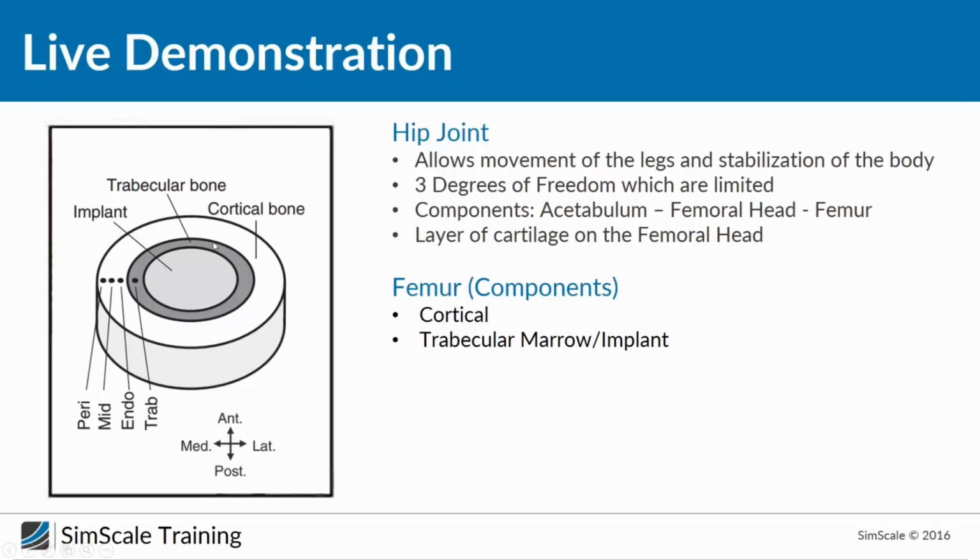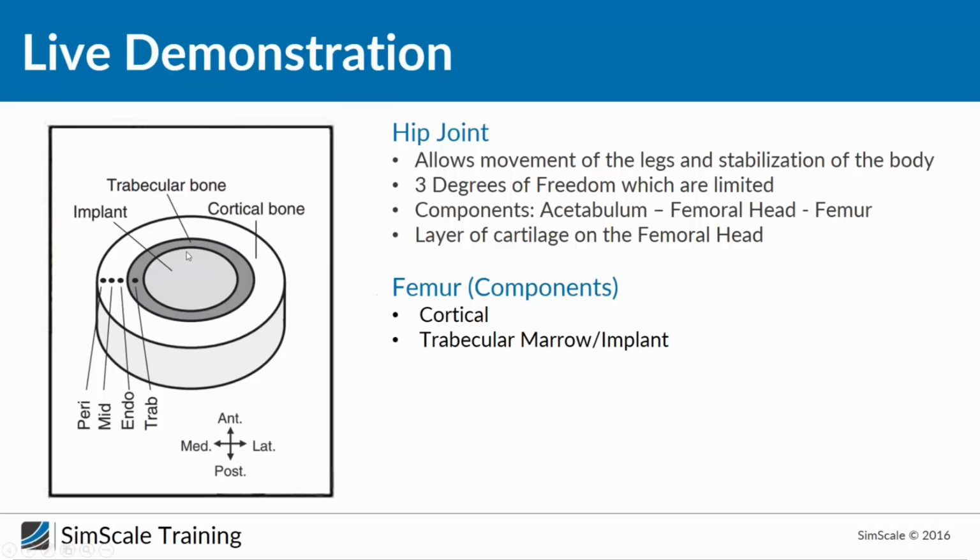And inside of this cortical bone you have the trabecular bone, and the trabecular bone will become very important later. And it's made of a dedicated structure here. And inside we have the bone marrow, or when we have a hip joint prosthesis, the shaft of the implant.